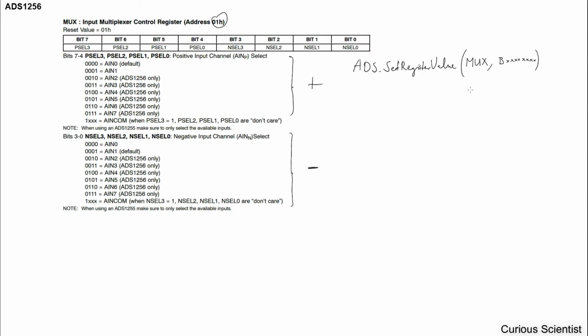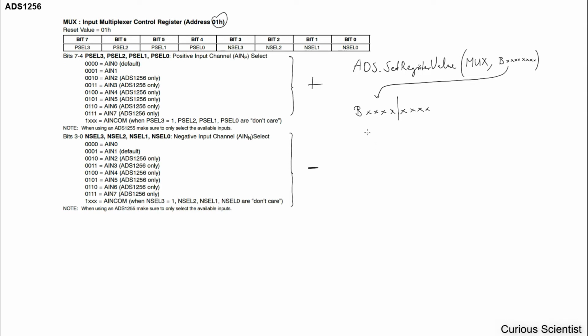So this is how we send, and then we have to set up the value here. So B, and then we have the 8 digits, right? And basically they are divided into 2 groups. One group is from 7 to 4, and one group is from 3 to 0.